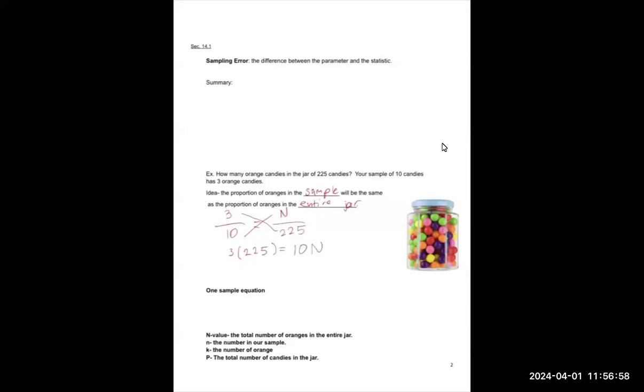Then, when we have an algebraic equation like this, where you have a number times a letter is equal to another number, what we can do is simplify this side. 3 times 225, we can pop that into our calculator and find that that is 675. So 675 is equal to 10n. Whenever I have a number times a letter on one side, this number is known as a coefficient.